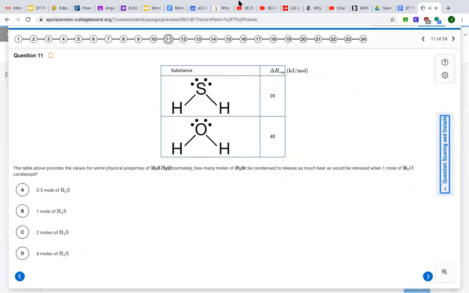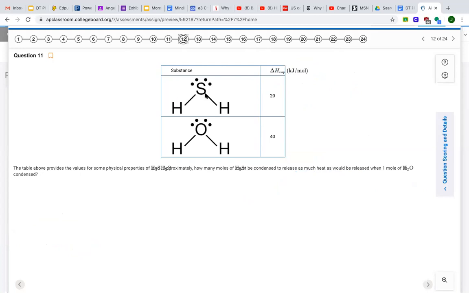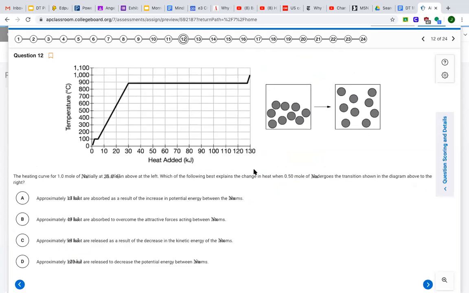So we're going to go to number 12. The heating curve for 1 mole of, looks like N2, initially at 25 degrees Celsius, shown on the left. What is that, N2?